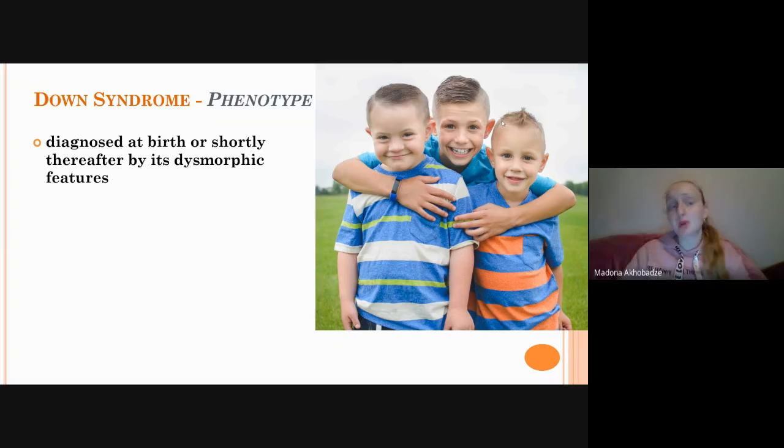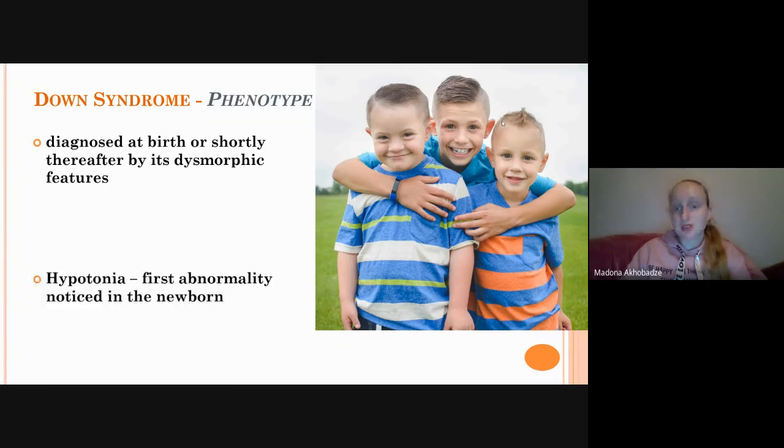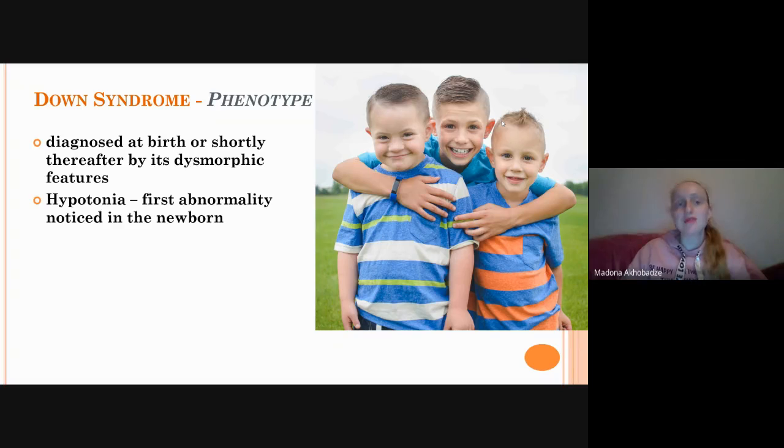It is diagnosed at birth, and shortly after, dysmorphic features develop. Hypotonia is the first abnormality noticed in newborns, the loss of tonus. There are dysmorphic facial features, which I described in the first slide.